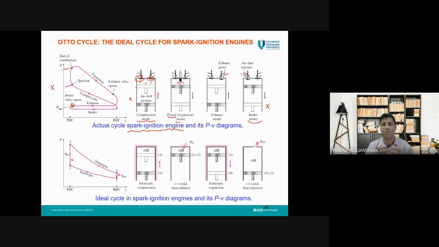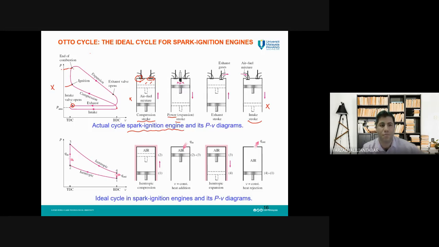Then we need to have some time, just a few milliseconds, for expansion, to have the combustion in the entire cylinder. So because of that, we put ignition before the piston reaches its top dead center.